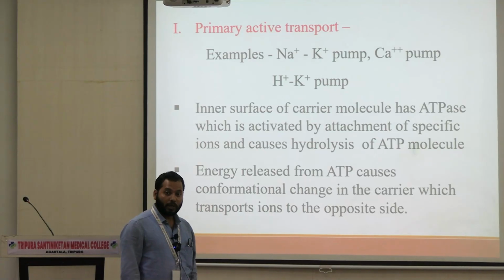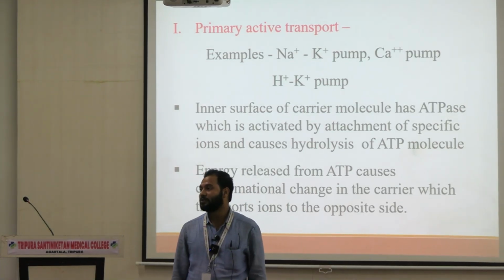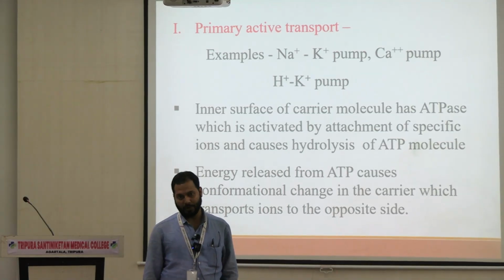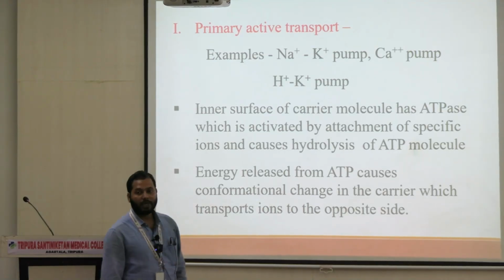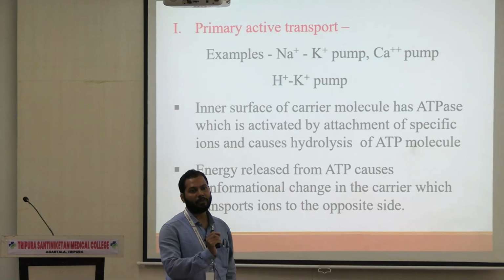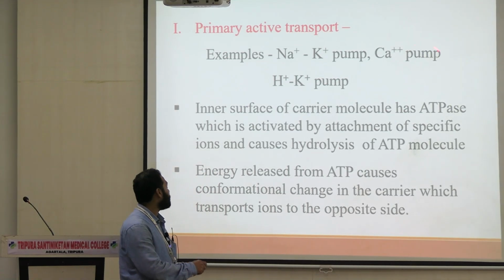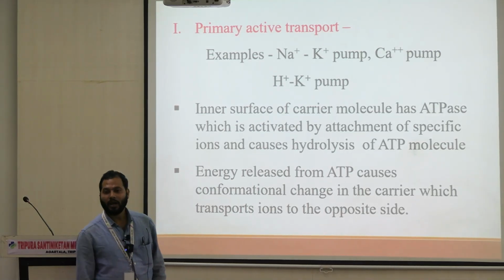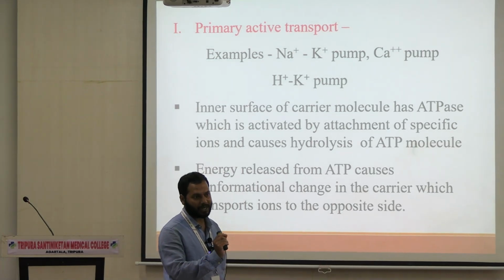Common examples of protein pumps that are involved in the primary transport mechanisms are the sodium-potassium ATPase pump or sodium-potassium pump, right? This sodium-potassium pump is very specific for sodium ion and potassium ion only. Similar to that, another example of a primary active transporter is the calcium pump, and this calcium pump allows only calcium ion, not other ions.